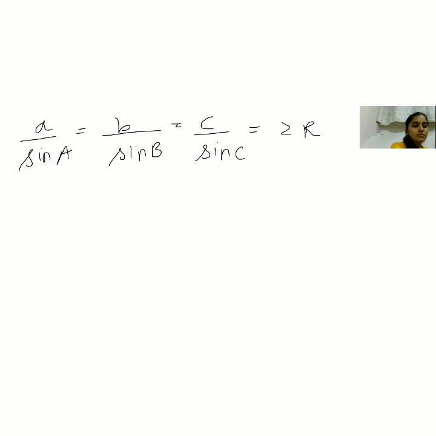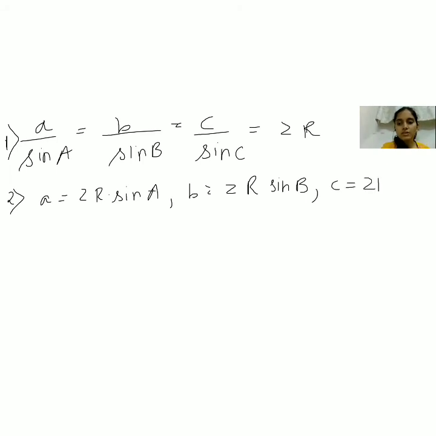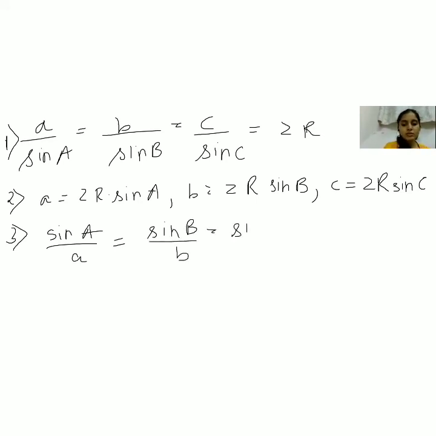Then the second one could be a is equal to 2r sine A, just cross multiplying, b is equal to 2r sine B, c is equal to 2r sine C. The third type: sine A upon a is equal to sine B upon b is equal to sine C upon c, equal to K. Since they are ratios, we can equate it to K as well.